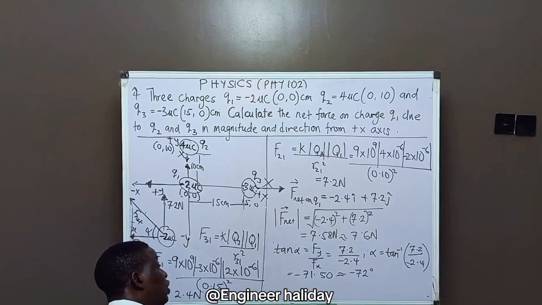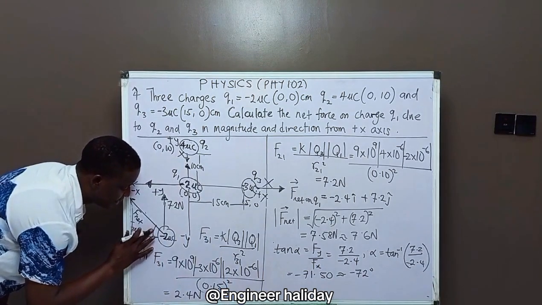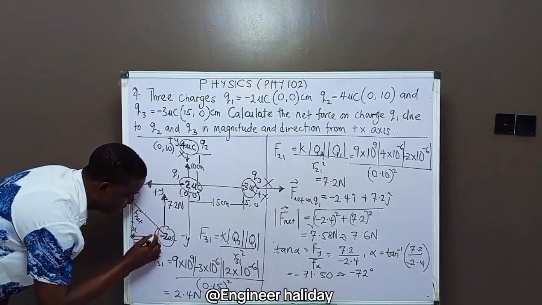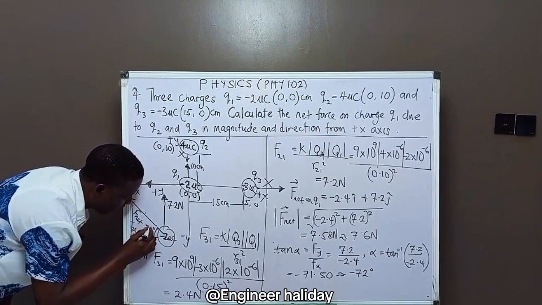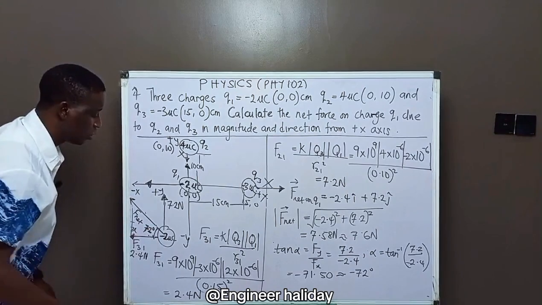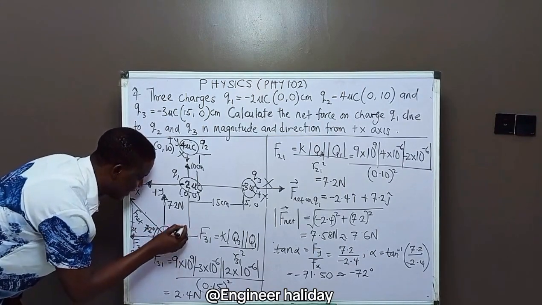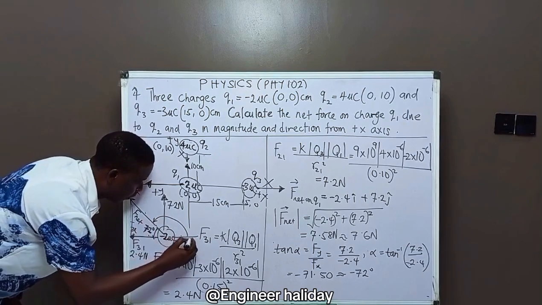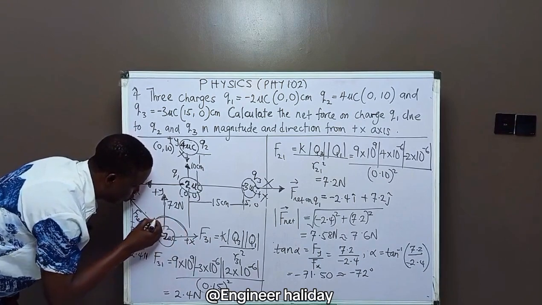Now, if you get 72 degree, you can replace alpha with 72 degree there. But the question says we should get our answer from the positive x-axis. So this is positive x-axis, and we are looking for this angle.